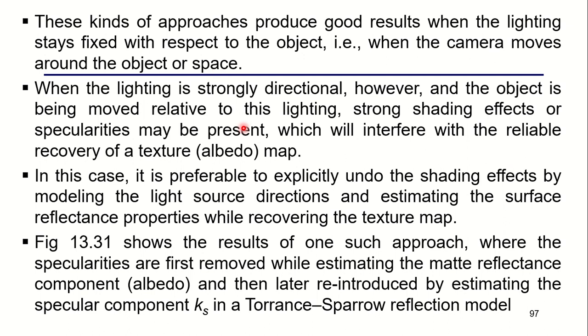These kinds of approaches produce good results when the lighting stays fixed with respect to the object, that is, when the camera moves around the object or space. When the lighting is strongly directional, however, and the object is being moved relative to this lighting, strong shading effects or specularities may be present, which will interfere with the reliable recovery of a texture map, that is the albedo map.